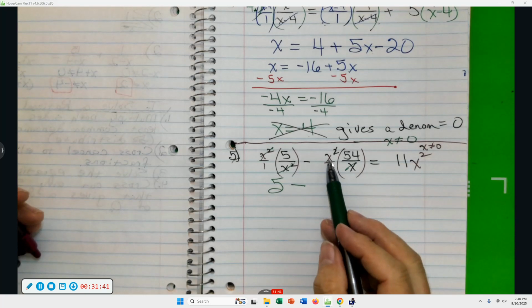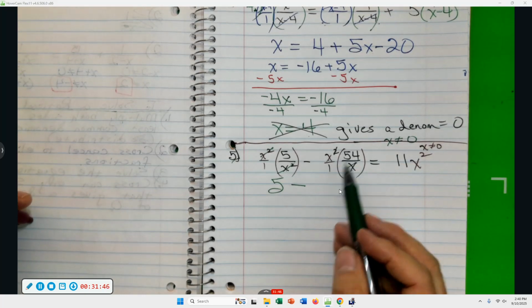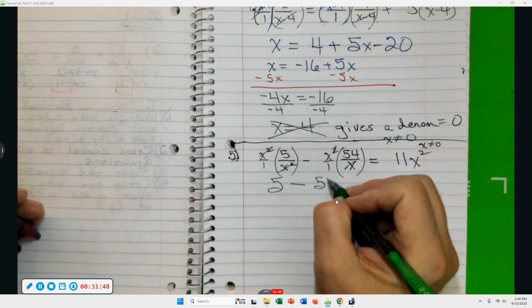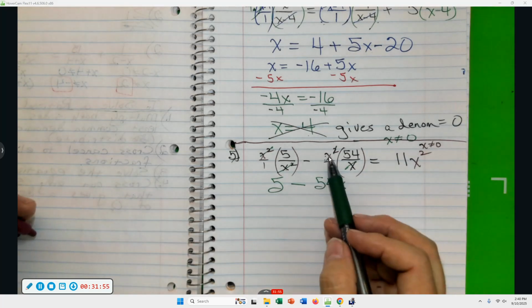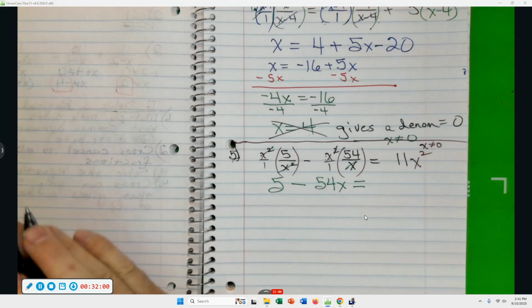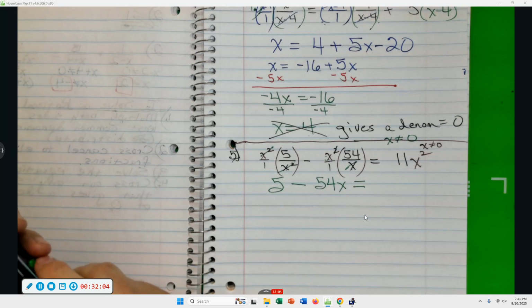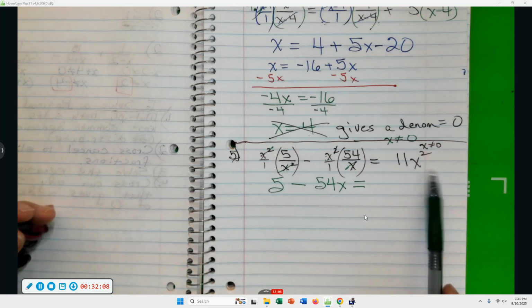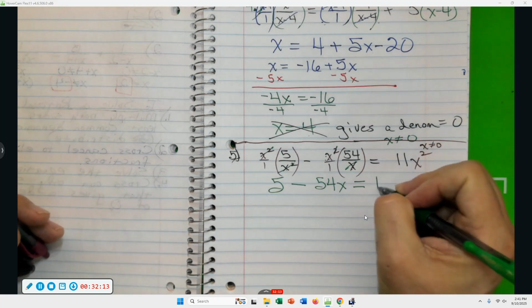We still have an x up there on top. x times 54 all over 1 reduces just to 54 times x. Cancel an x above and below, that leaves you an x up on top. What have we got on the right-hand side? What's going to cancel? Do we have a fraction to cancel anything here? So you're just stuck with an 11x squared.